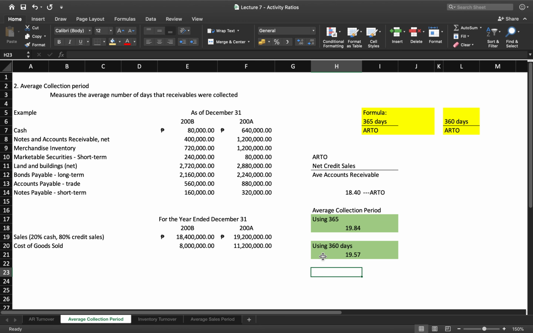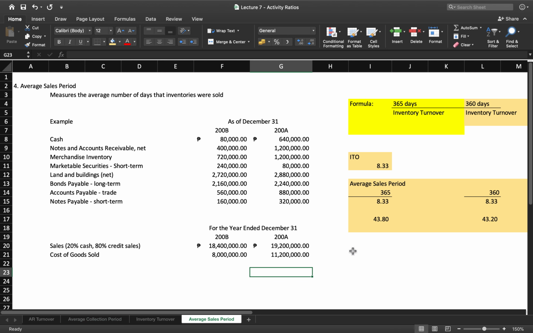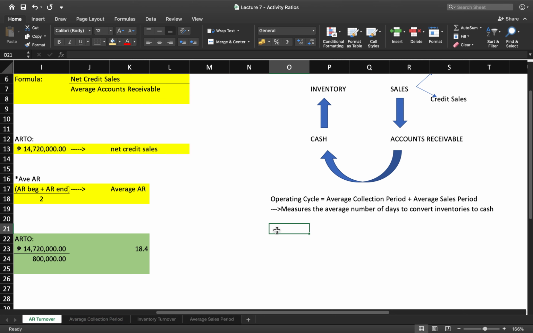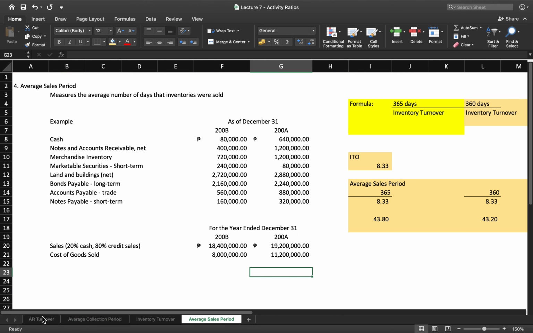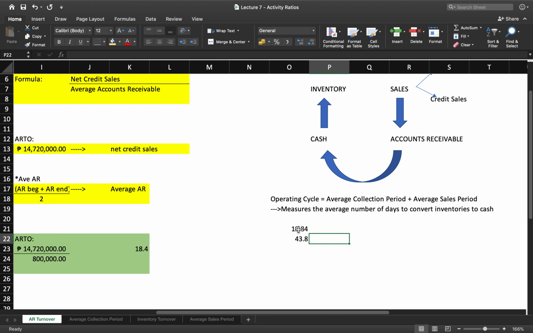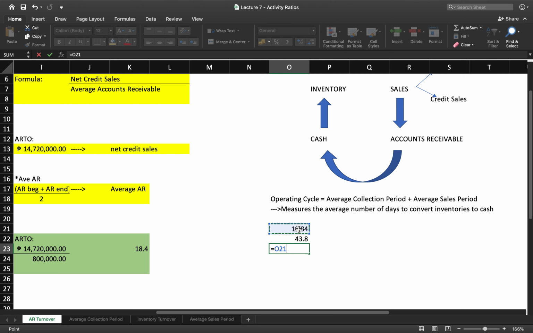Since we have our average collection period of what? Using 365 days lang, 19.84 plus 43.80. So, tama ba? Collection period is 19.84 tapos 43.80 yung sa average sales period. So, collection period plus sales period, ito yung total operating cycle, which is 63.64 days.